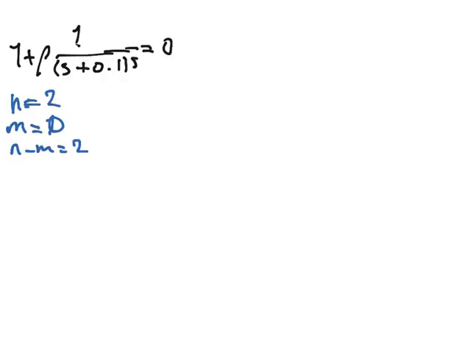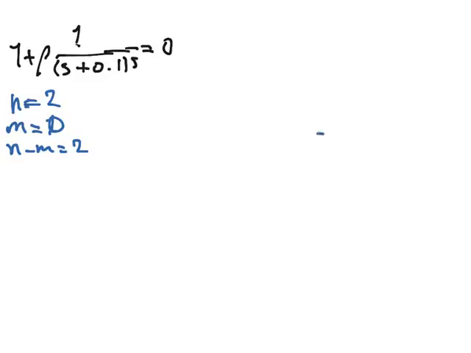So n equal to 2 means that we have two open loop poles, and we will have two branches for positive locus and two branches for negative locus, and both of the branches will go towards infinity because r, which is n minus m, is equal to 2.